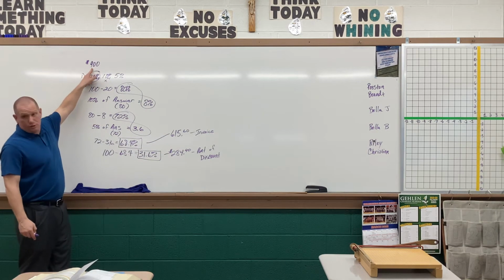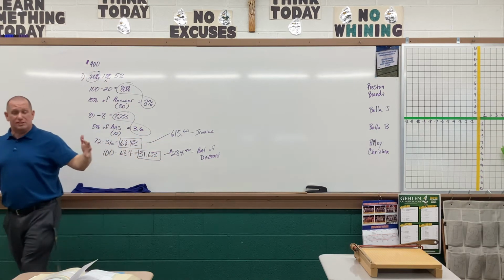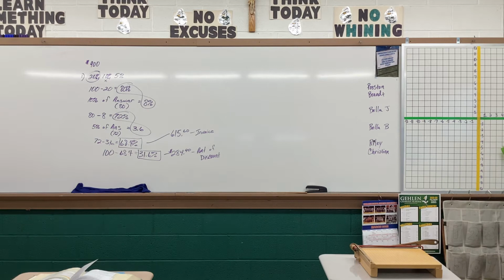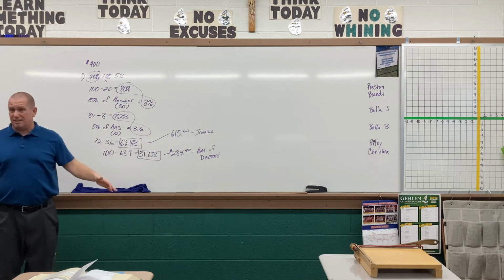I'd have to go to my original price, subtract this, and then I could get that. Or you could just do your two multiplications, but it's just kind of how your brain works. You're going to get the exact same answer every single time, but it's just the process of getting there.